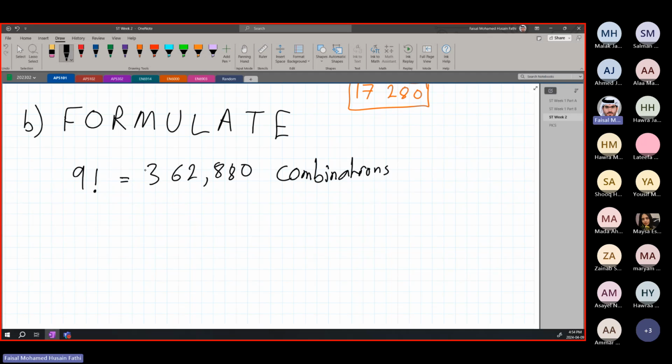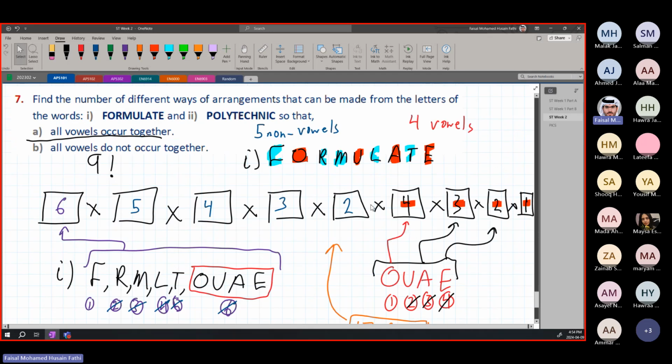So how can we find the combinations that are the opposite of this?